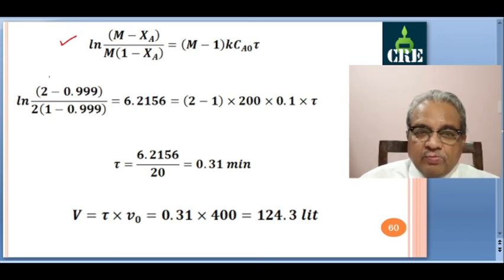So ln of ... M is 2, Xa is 0.99, so we substitute M and Xa here. Calculate this, it is 6.2156. M is 2, 2 minus 1. K is 200 as given, Ca0 is 0.1 moles per liter, and tau you will get in minutes. So you solve this and you get tau of 0.31 minutes.